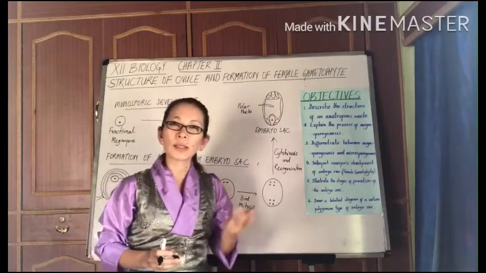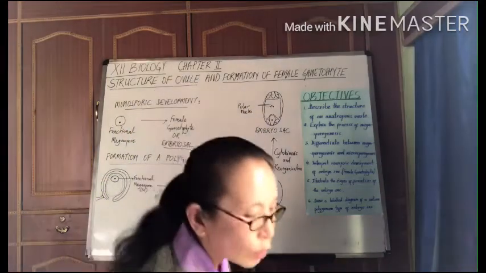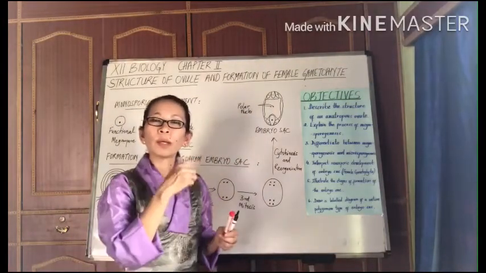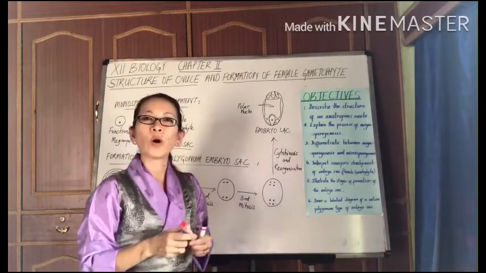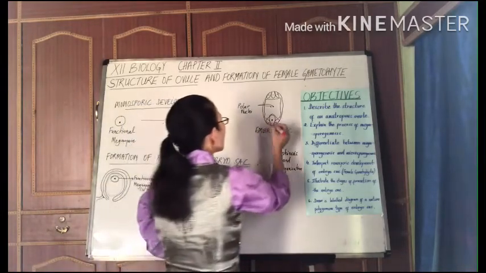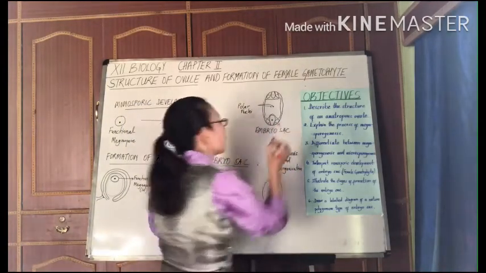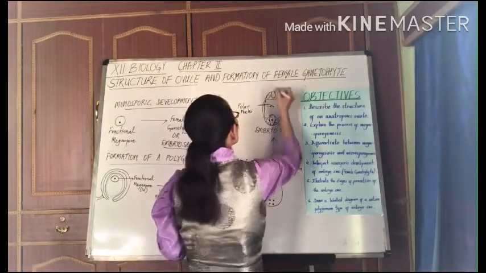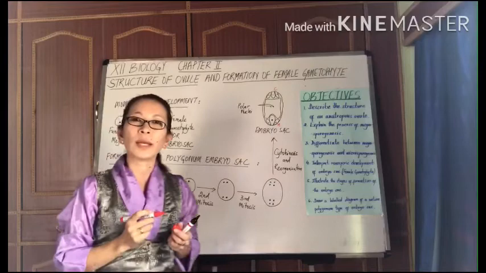And as I said earlier, for us it's very important to be aware of the location of the poles of the ovule. So if I say this is the M end, that is the micropylar end, and this is the C, that is the chalazal end.